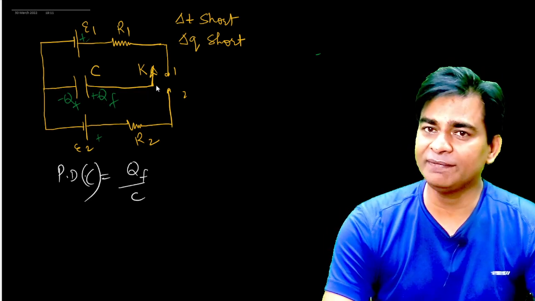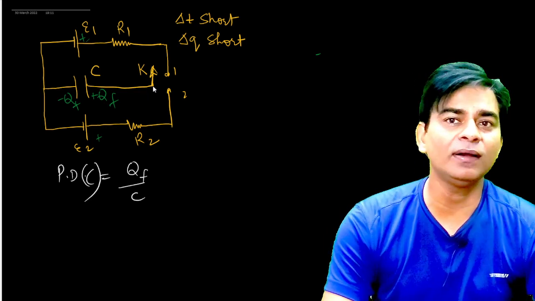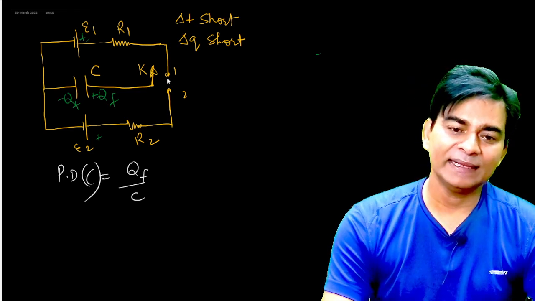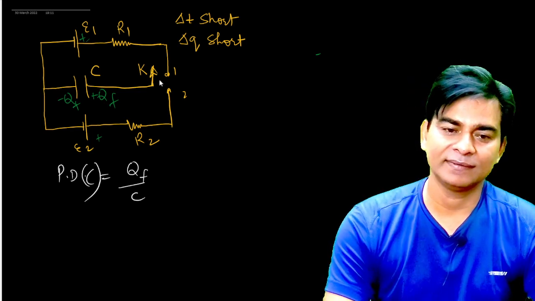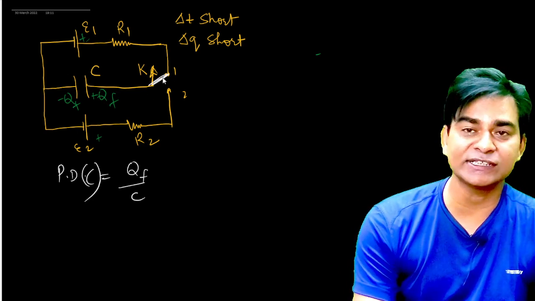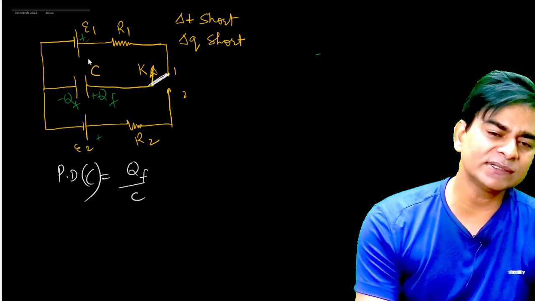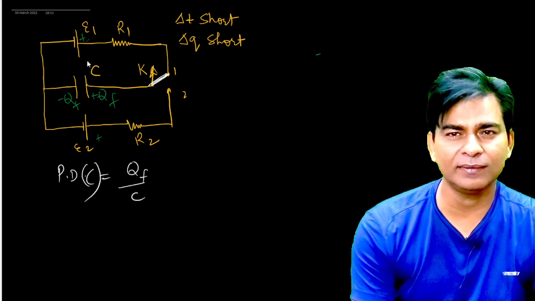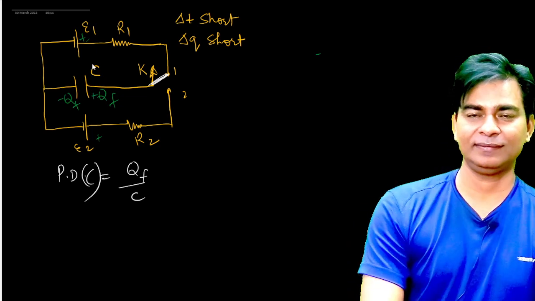Saturation has been achieved and the final charge is not going to change. When I connect this to 1, at saturation it will lose a very small amount of charge to this battery, almost insignificant.